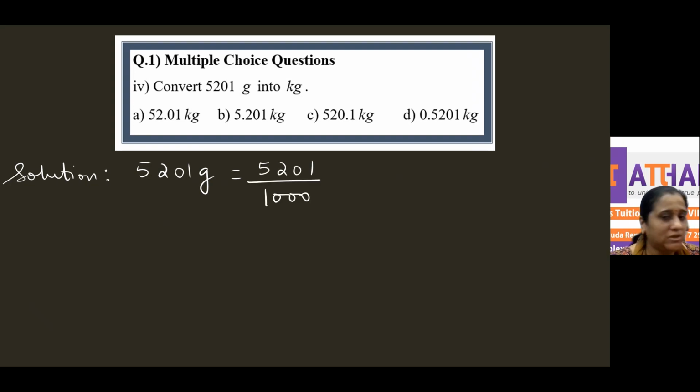The minute you divide by 1000, it's converted to kilograms. You must not write grams. So what is this equal to? 5.201. How many zeros are there in the denominator? 3. That means after the decimal point, 3 digits should be there. So it will be 5.201 kilograms. So that's the correct option. So B is the correct option. Write down fast.